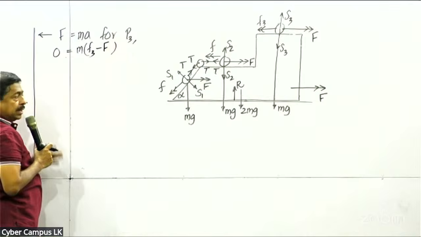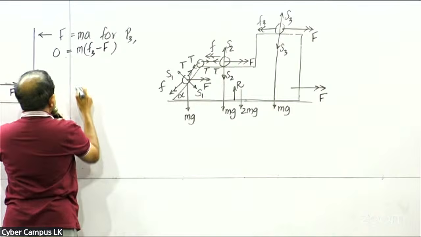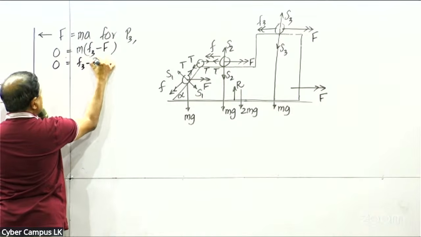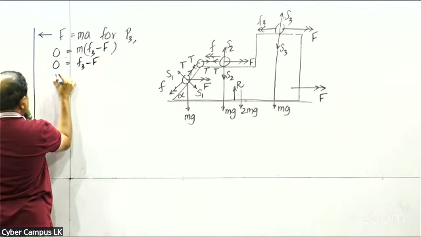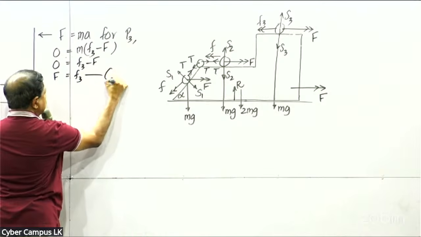What does this mean? Since m is not equal to 0, you can divide by m. So capital F is F3. That's easy.